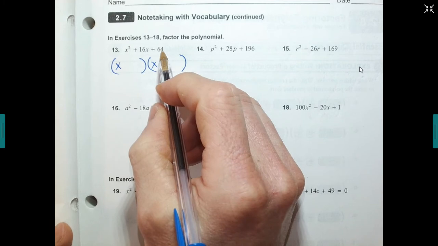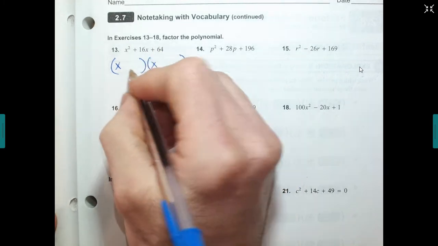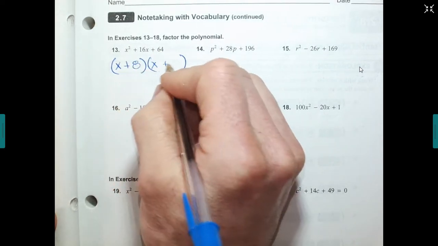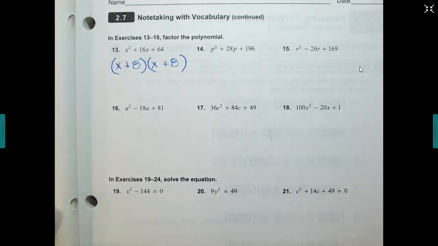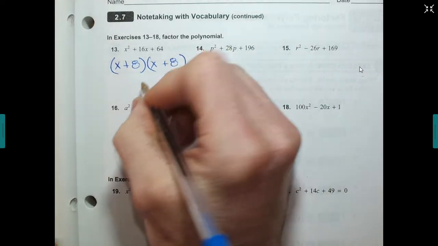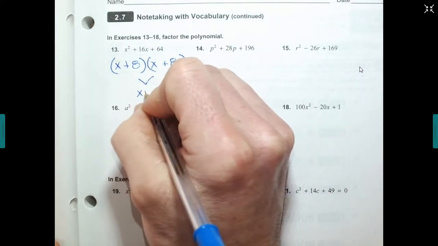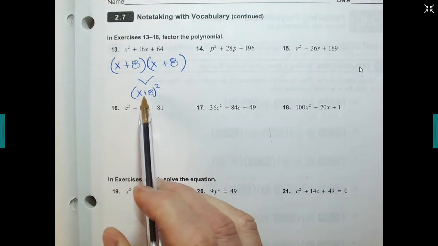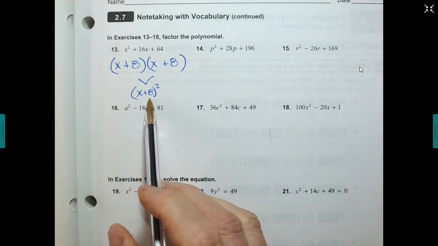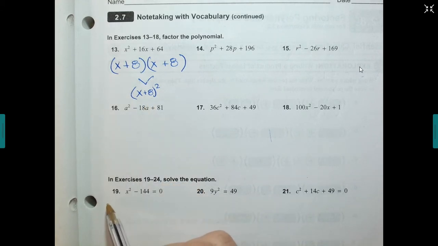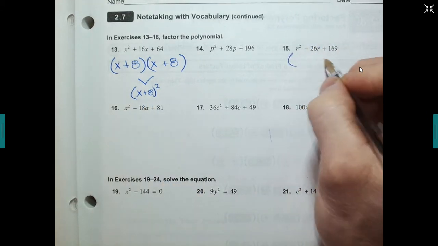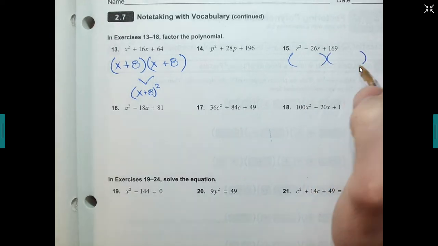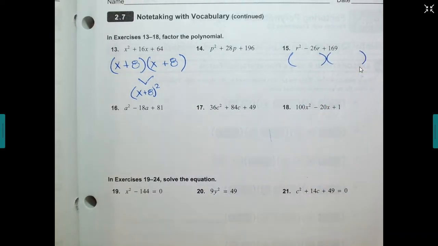And then this is a perfect square. It's 8 times 8. So there's my answer. That's it. That's all I have to do. I might give the fancy pants answer. I might actually require of you to show me that this is also known as x plus 8 squared. Okay, let's check this out. Oh, that's the square root of 169.